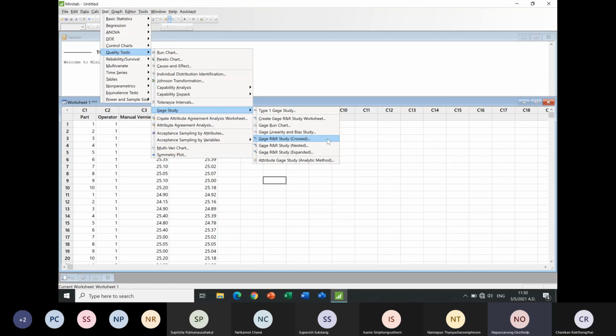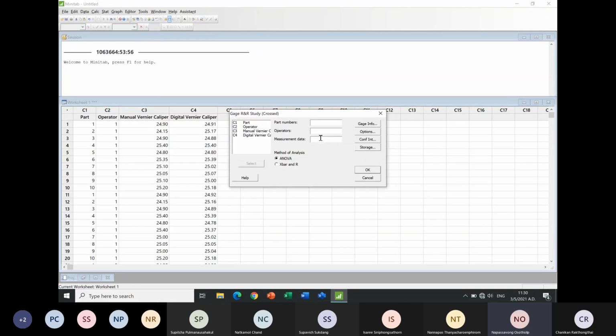non-destructive, that means if we measure this part, for example, if operator 1 measure the first part for the first time, and he or she can repeat the measurement for the second time, this is called non-destructive test. And then you will click on cross, gauge R&R cross for non-destructive test.